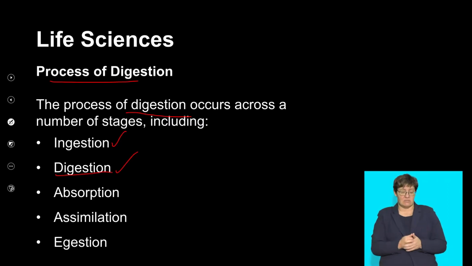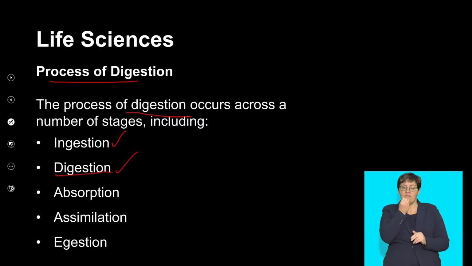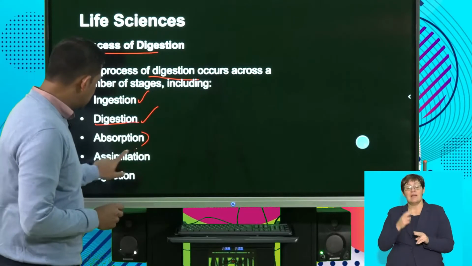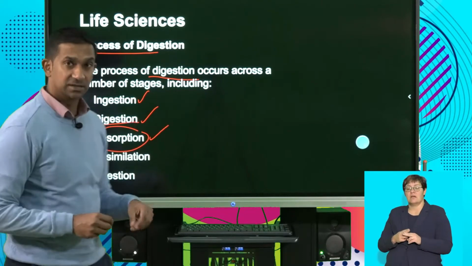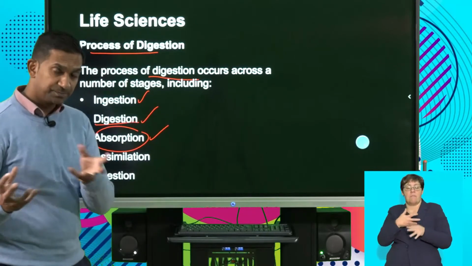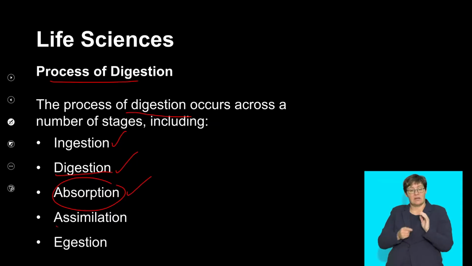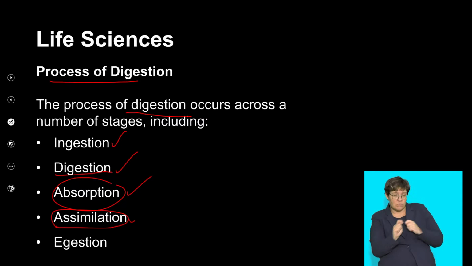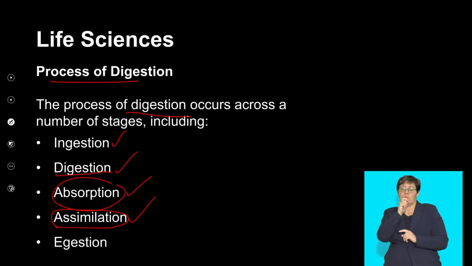Once digestion occurs, we know that the food has been broken up into its simplest molecules. We would then need to absorb those nutrients, the building blocks of those complex molecules, into the bloodstream and then transport them to cells where they are assimilated, meaning used up.